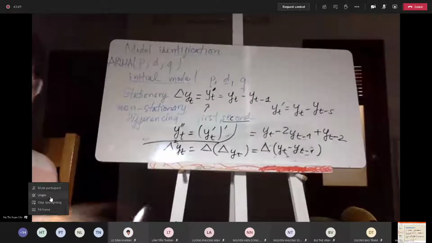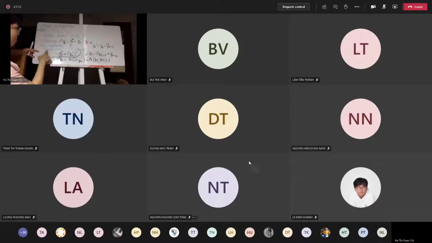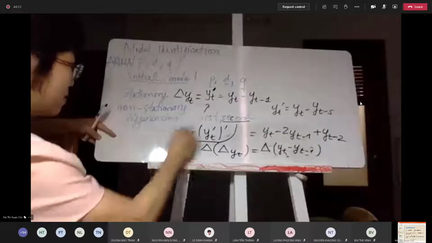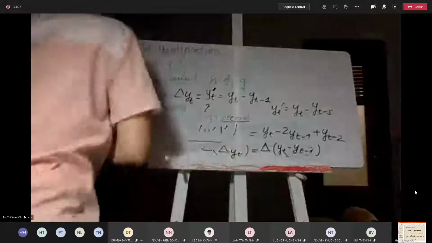So we have a formula like that. Let me quickly show that is how we can make the difference at the second level.